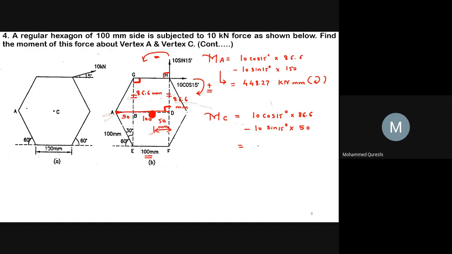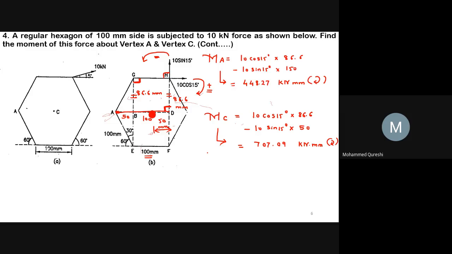So after solving this equation, you will get the moment about center C as 707.09 kilonewton into mm. This is also positive, hence we will denote by this notation.